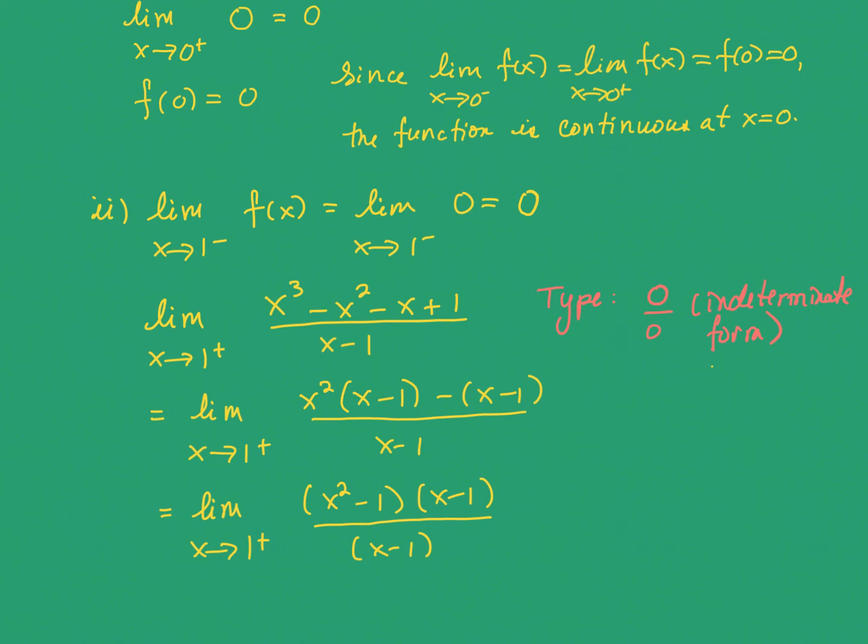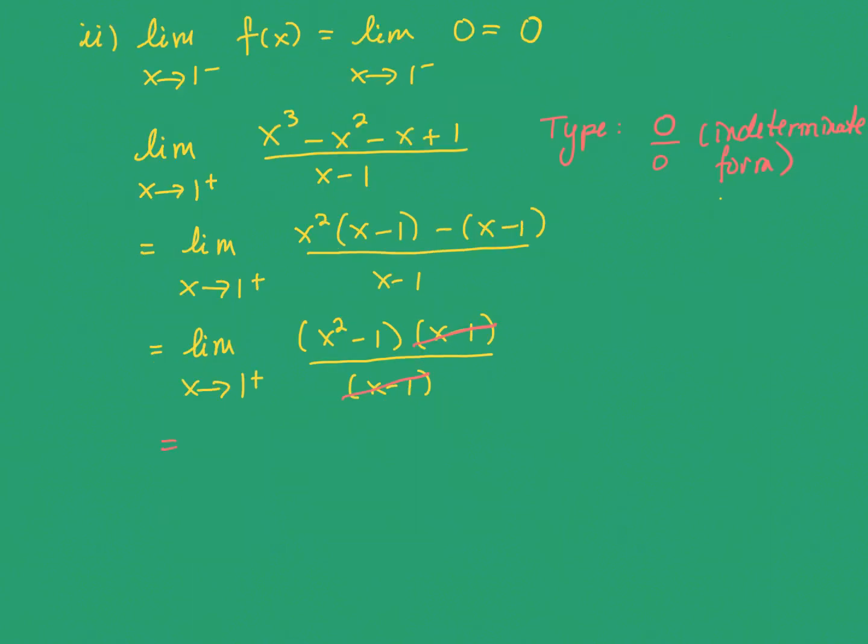Or you could do long division, and if you did long division, x minus 1 into that, you would get exactly x squared minus 1. You would get the same thing. But the whole point is now I can cancel those x minus 1s, and it will no longer be an indeterminate form, and so I could evaluate the limit.